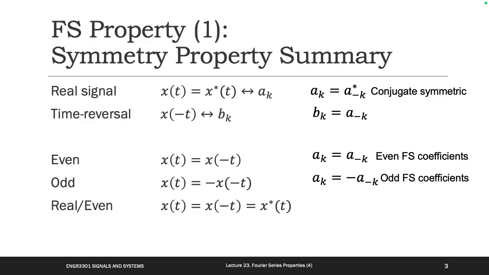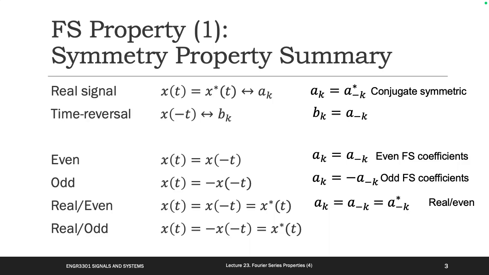Then we have a_k equals a_{-k} equals a_{-k} conjugate, which means that if you find a_k equals a_{-k} equals a_{-k} conjugate, your signal is real and even.